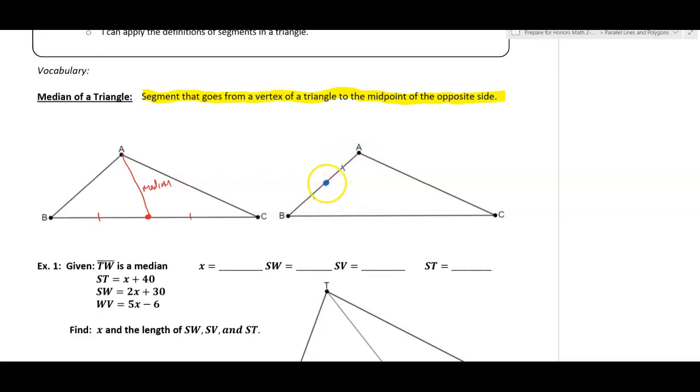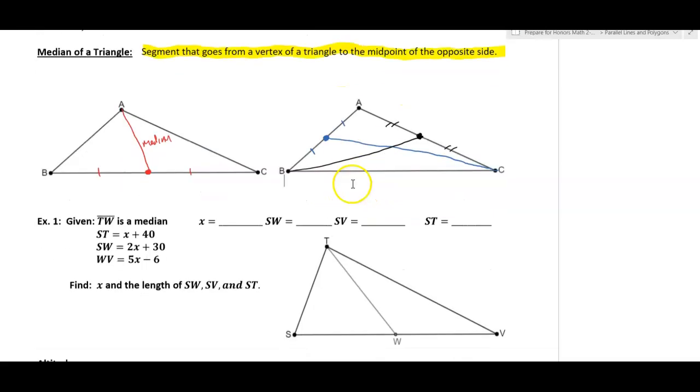Now I can draw a median from that midpoint to, say, vertex C. Now, if I wanted to, I could also find the midpoint of AC, and draw this median here. So every triangle can have up to 3 medians.